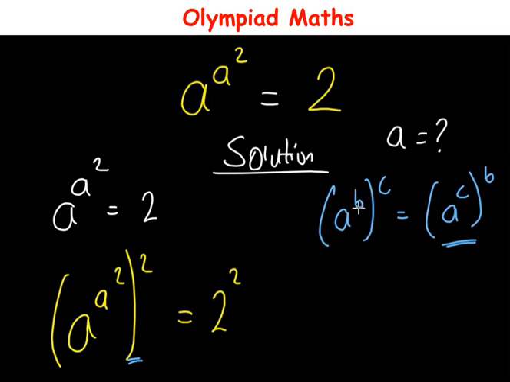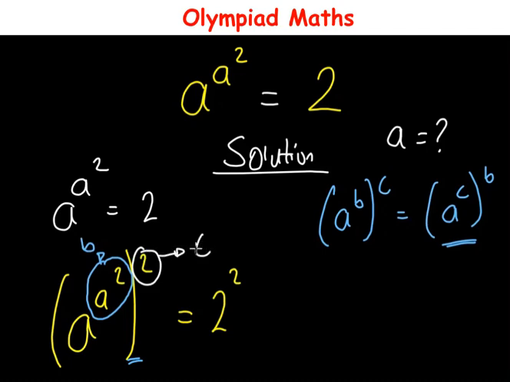Notice something in these powers. The power of b is inside the bracket, while the power of c is outside the bracket. But here, the power of c is inside the bracket and the power of b is outside. So a raised to power 2, let's call it power b, and the other power 2, let's call it power c.